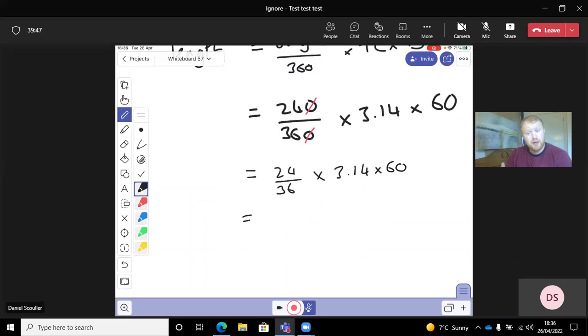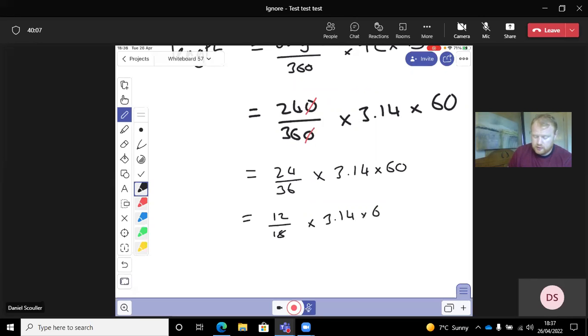So you might straight away see that 12 goes into both of those numbers, goes into 24 twice, it goes into 36 3 times. But if you don't see that, just try and half it. Probably the easiest way. So if I half that, I'll do 12 over 18.